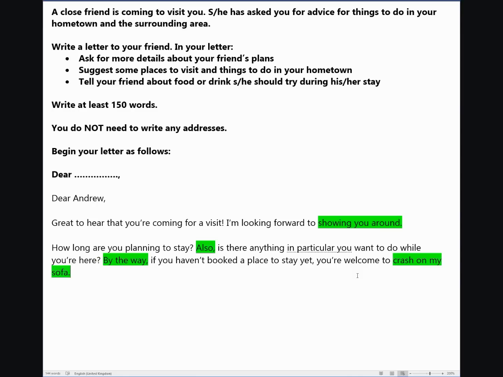Crash is a more idiomatic or slangy word meaning to stay with a friend at their house overnight. And something like that is a way to use less common vocabulary while still writing in an informal and conversational tone. Okay, now I need to suggest some places to visit and things to do in my hometown.